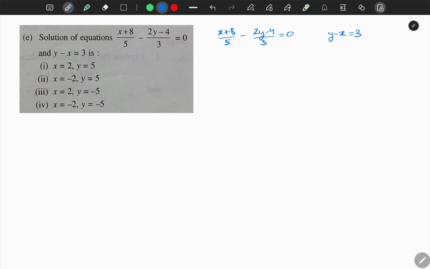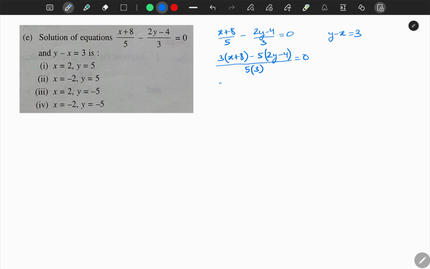So the first equation, the easiest way to solve it is I'll take LCM, and the fastest way to take LCM is by cross multiplying like this. So 3 into (x + 8) minus 5 into (2y - 4), 5 into 3.